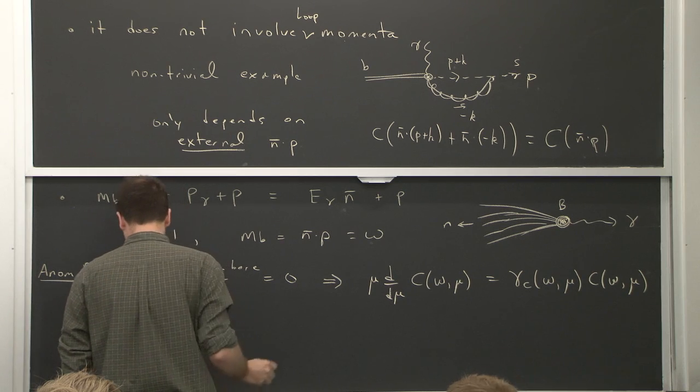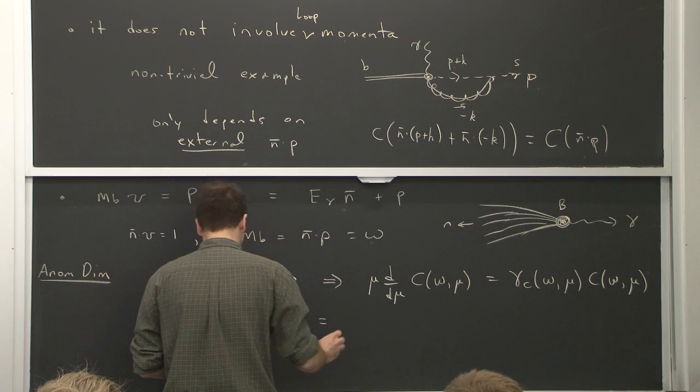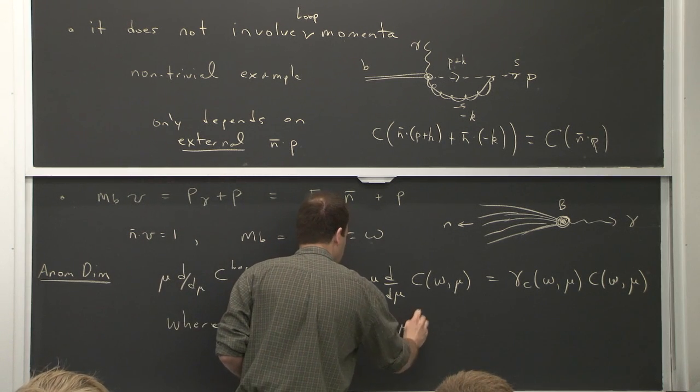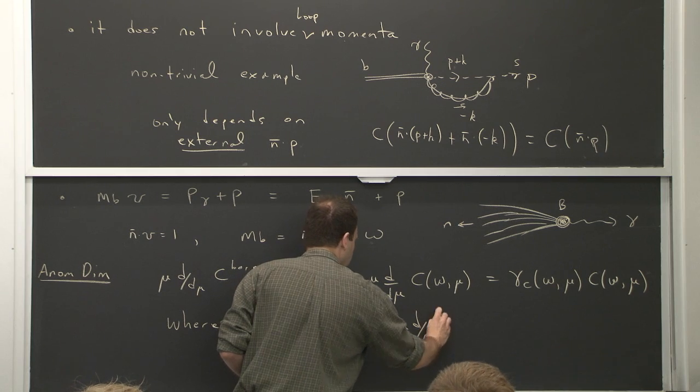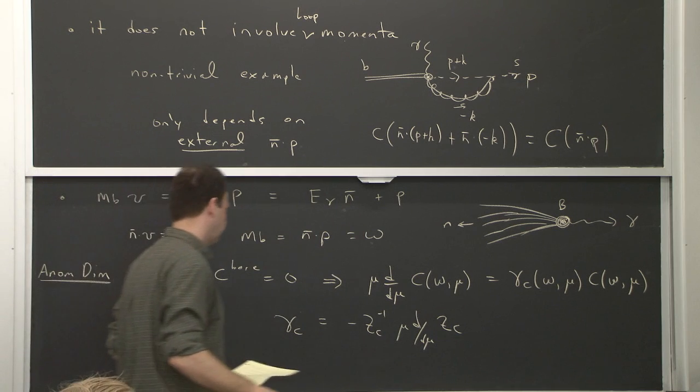And it's got this familiar form where the gamma is products of Z's and Z inverses.